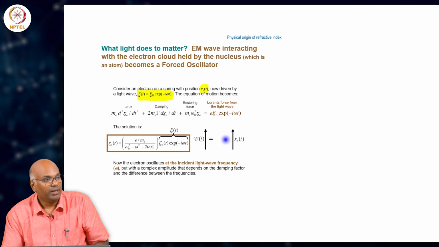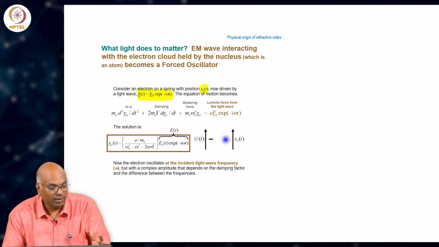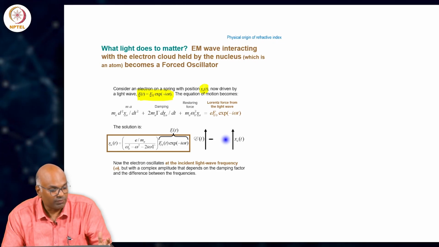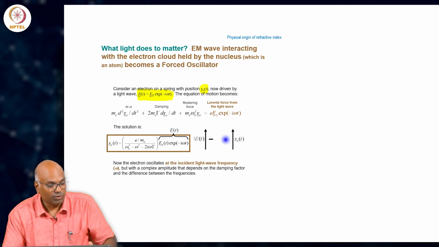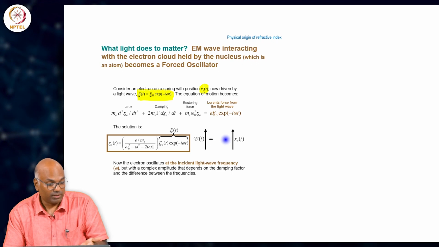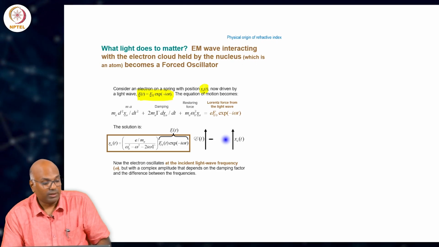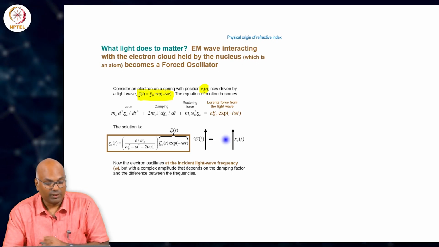The light wave's amplitude is varying harmonically in time, that is, it is sinusoidal or cosinusoidal. It's the light wave's electric field is the real part of what we have written down here.